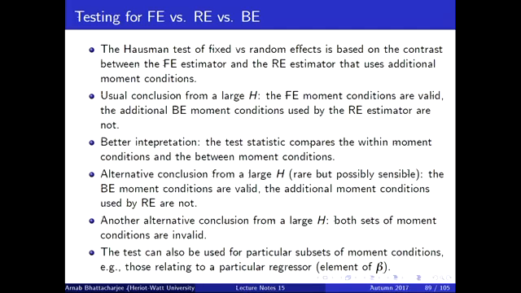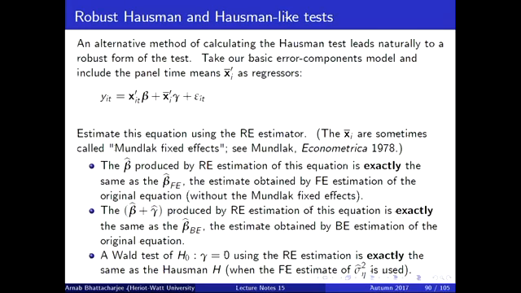So likewise both sets of moment conditions can be invalid, right? So that may also be an interpretation. So one has to think through this carefully. So the test can also be used to test specific subsets of moment conditions, right? For example, for a particular individual regressor, okay?